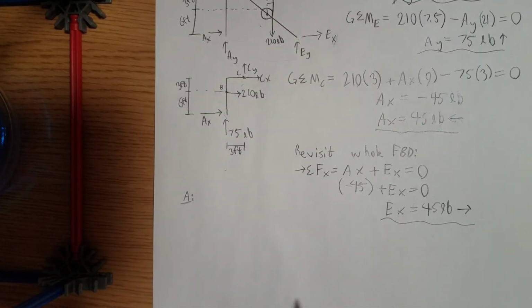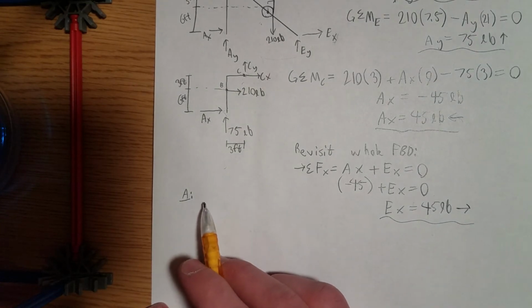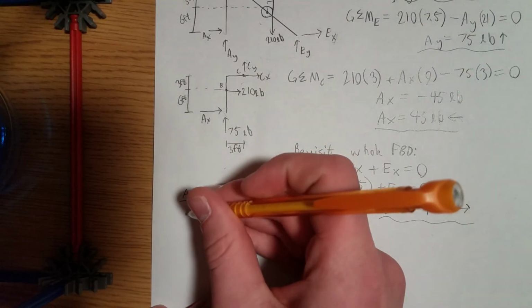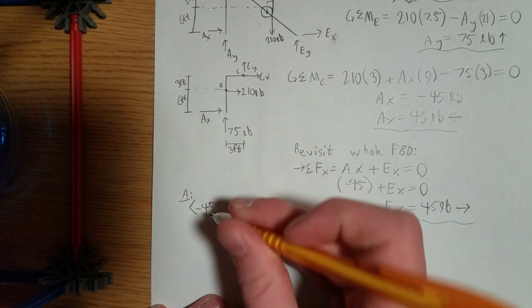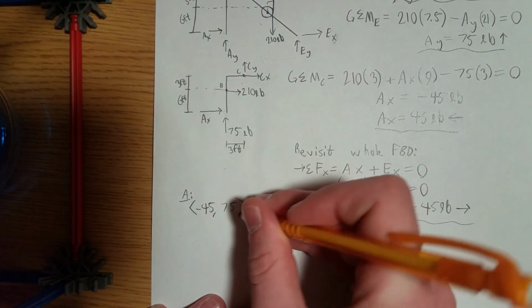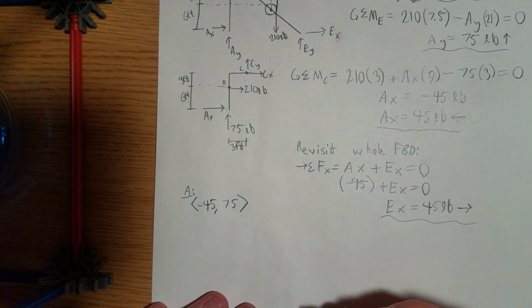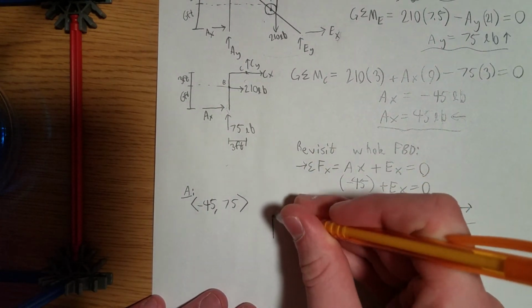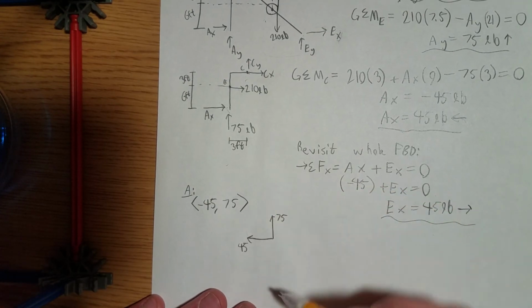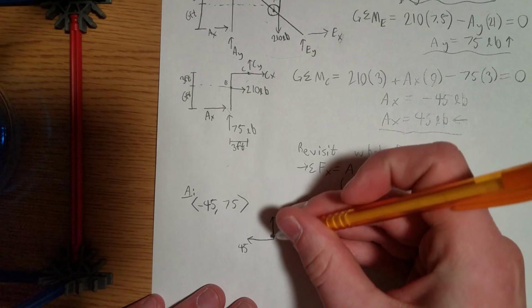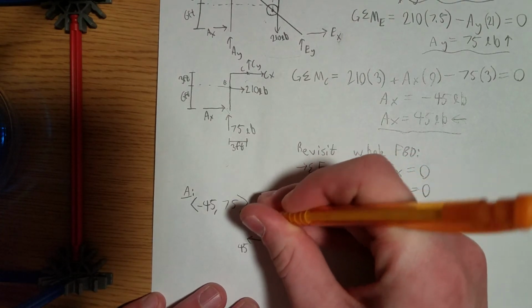I'll draw a little thing there. So here at A, in vector format, it's going to be negative 45 and then 75. So ultimately what we want to do is have 75, 45, and then what we're looking for is what this force would be.